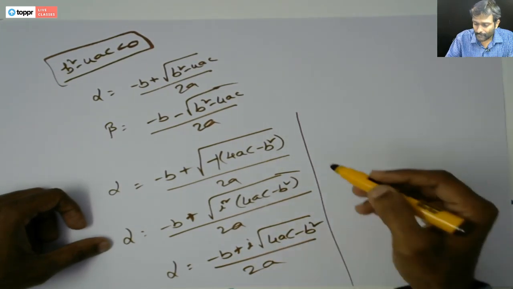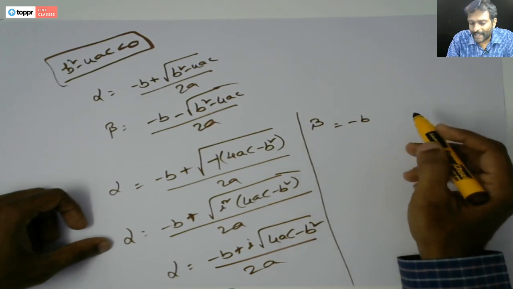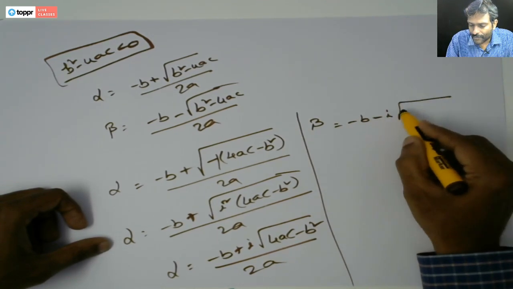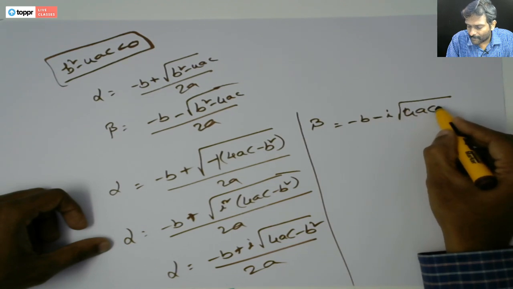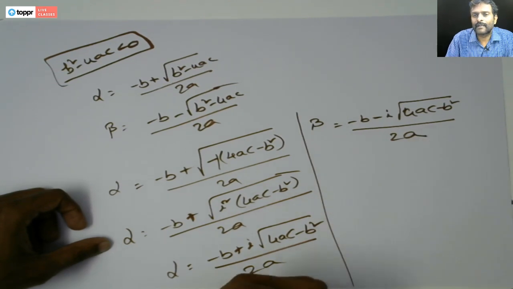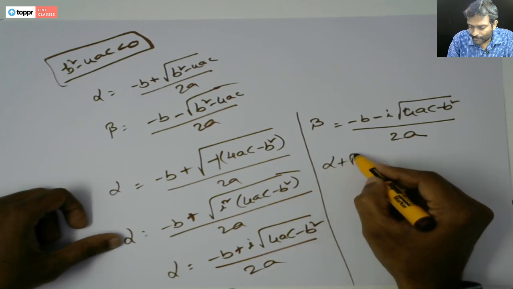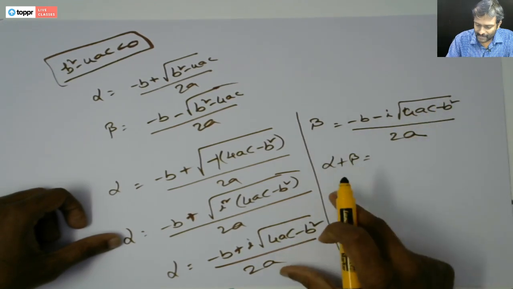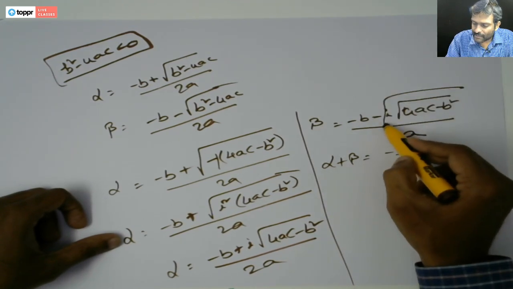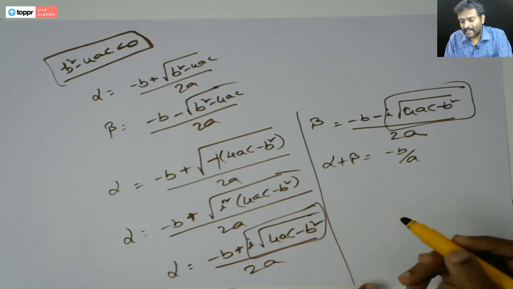Right? Then I have another root, beta, which will be equal to minus b. In the same way, I can write this as minus i root of 4ac minus b square by 2a. Right? Now if we do alpha plus beta here, when I add this and this, I simply again get minus b by a, because this value here and this value here are positive and negative and they are equal, so they get cancelled easily.